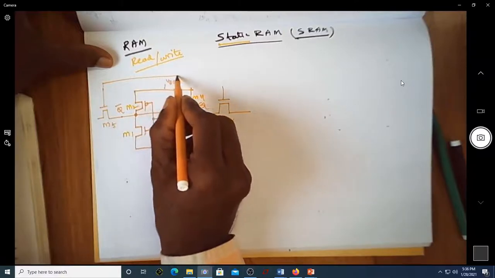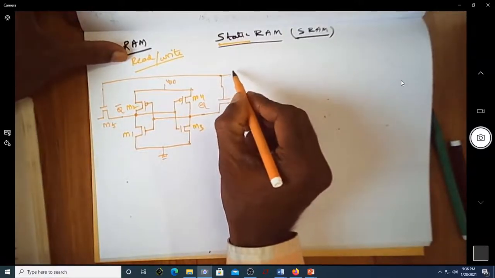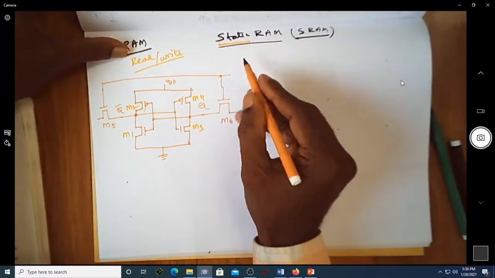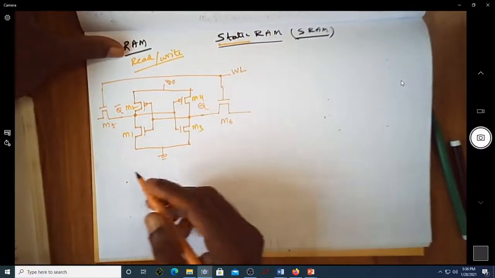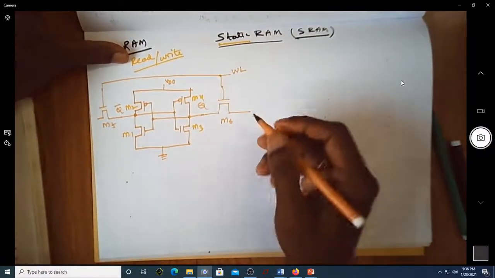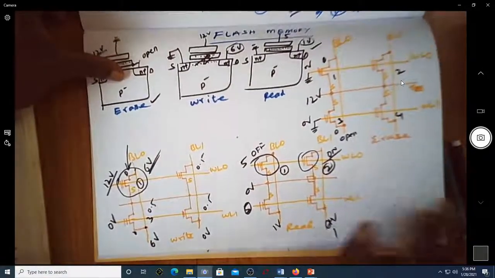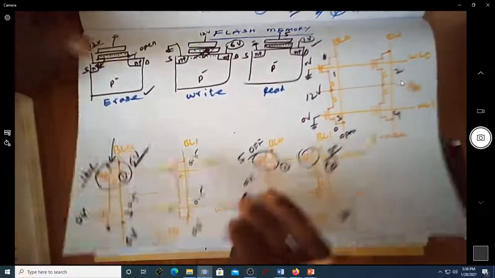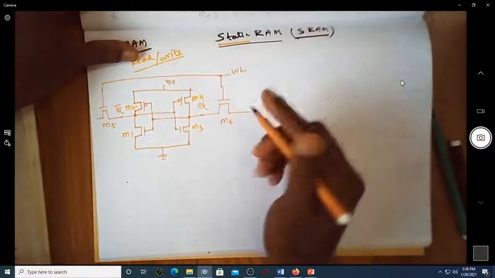Now we will connect these 2 gates to one special input which is very specific to memories, that is the word line. As we discussed in the previous discussions, we are going to have word line, bit lines and all those things. This is the word line of this random access memory.